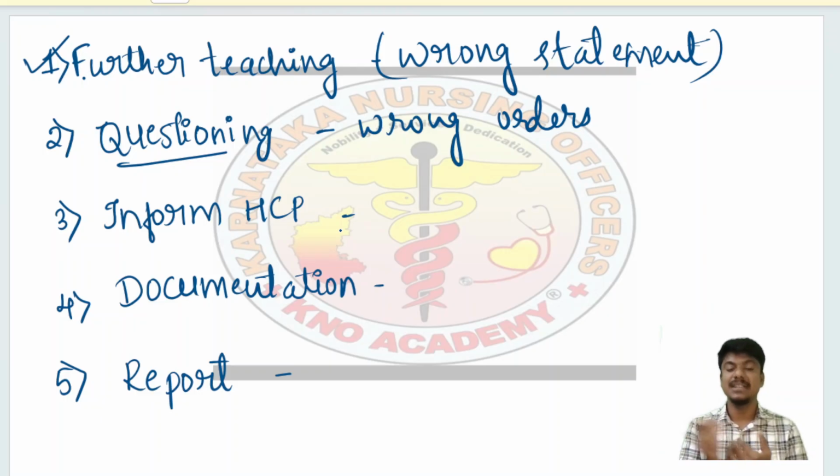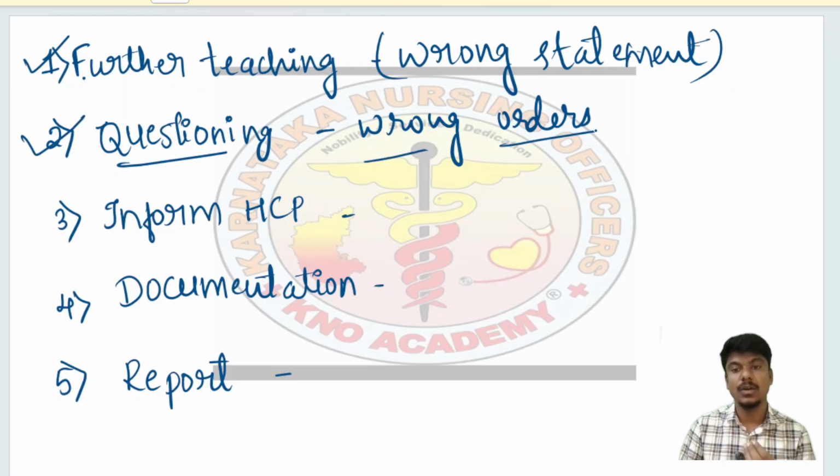Just imagine this patient has CKD, a case of chronic kidney disease, and the doctor advised you to give an injection of KCl. A CKD patient already has so much retention of potassium, and if you infuse further potassium it will cause hyperkalemia. So that time you should ask why KCl is needed for this patient. Always keep in mind that when the doctor has written wrong orders, you should question them.